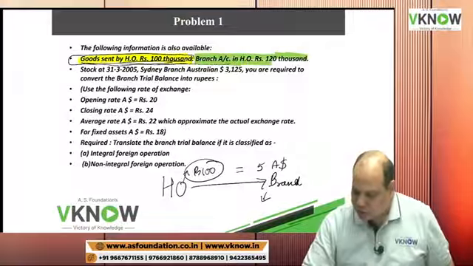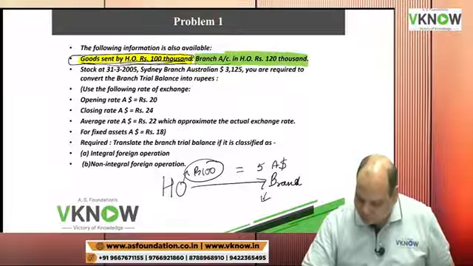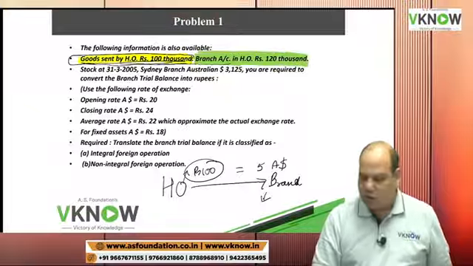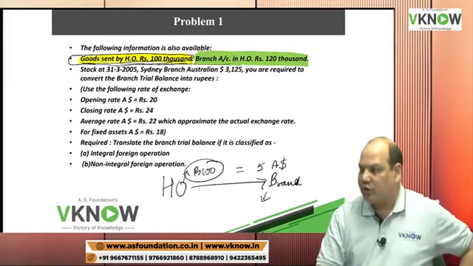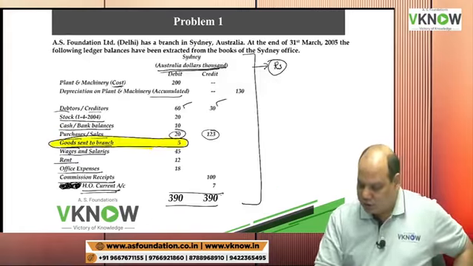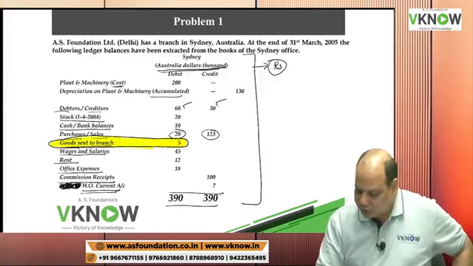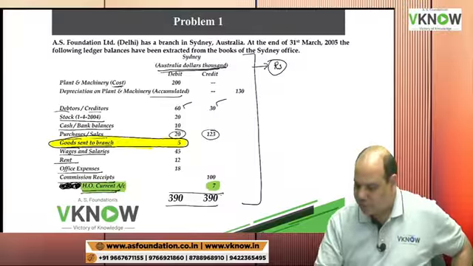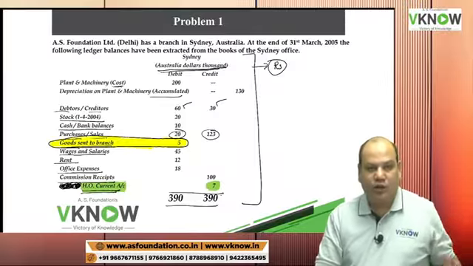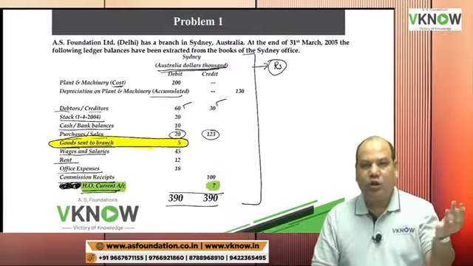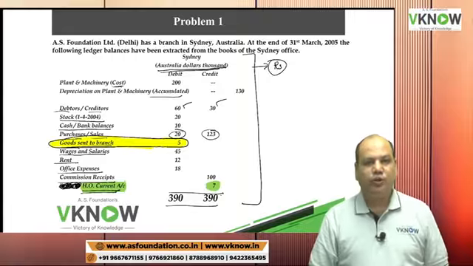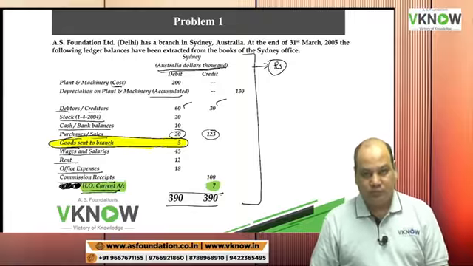Branch account in HO books is 120,000. And if you look at the trial balance, the HO current account is $7. Now in this case, $7 is equal to 120,000 rupees.